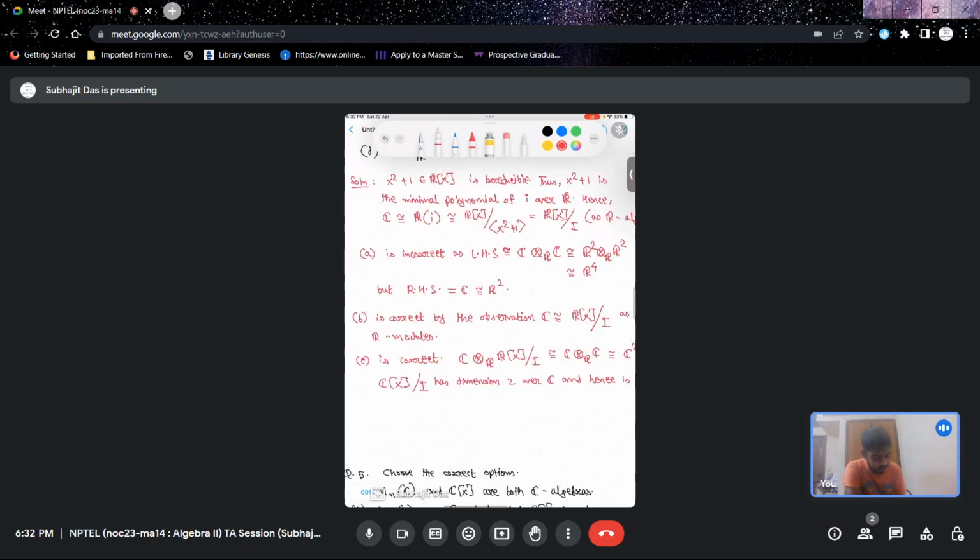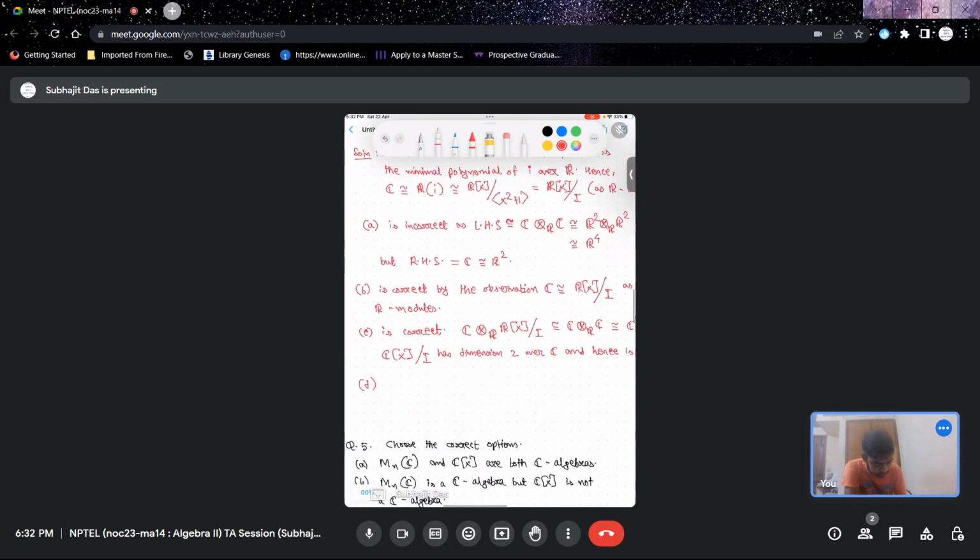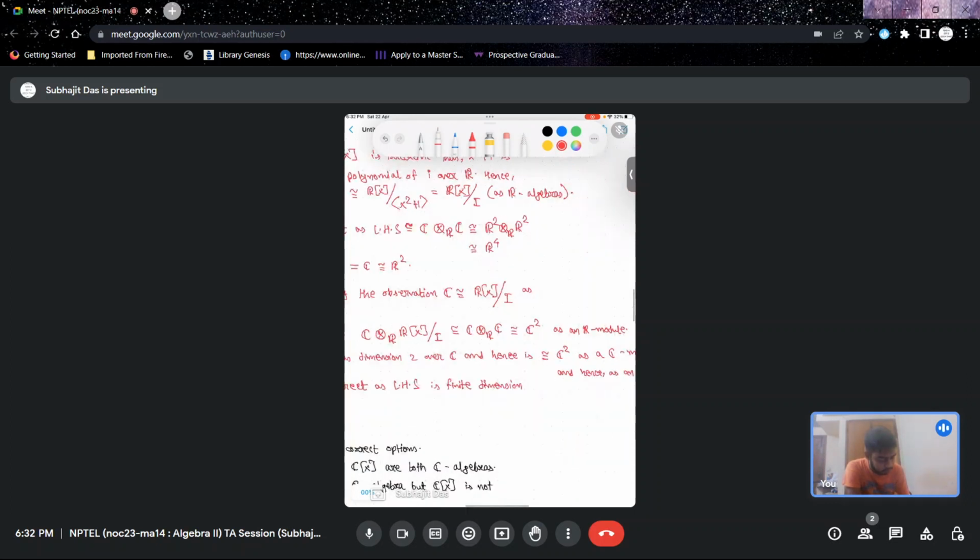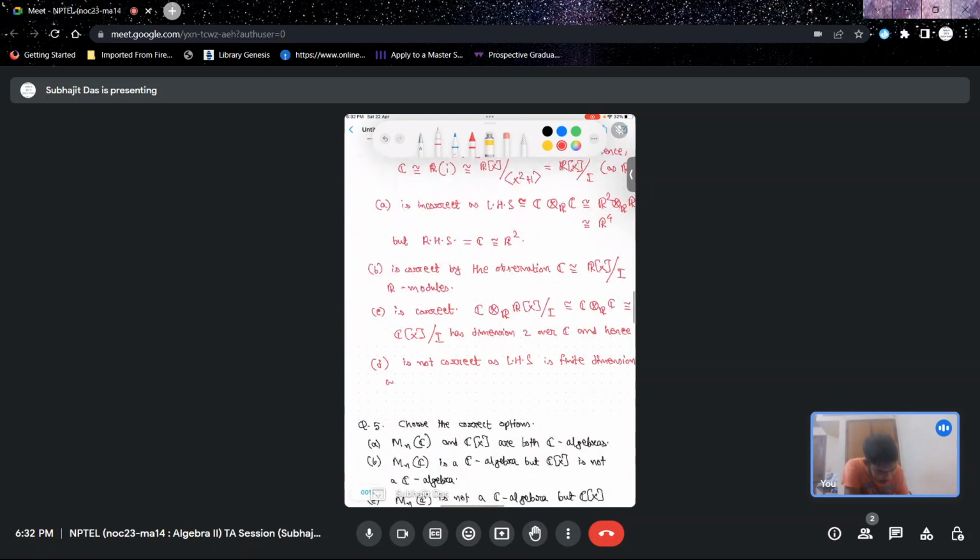And what about option D? D is not correct, as LHS is finite dimensional over R, while RHS is not.